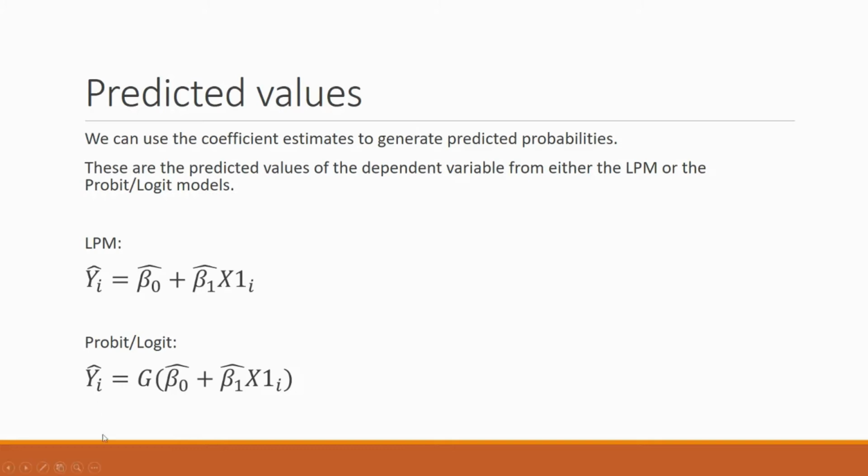But for the Probit model, the predicted value, this yi hat, will always be between 0 and 1 because the g function is bounded between 0 and 1. The g function never goes below 0 or above 1. Okay, so that's what I mean by predicted values. We'll generate some predicted values when we look at data.